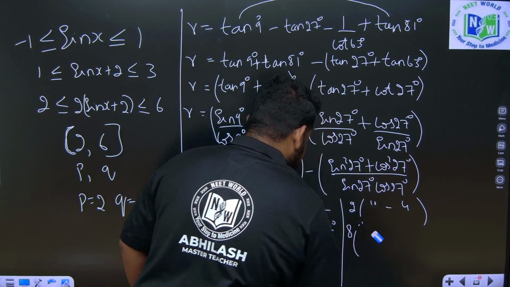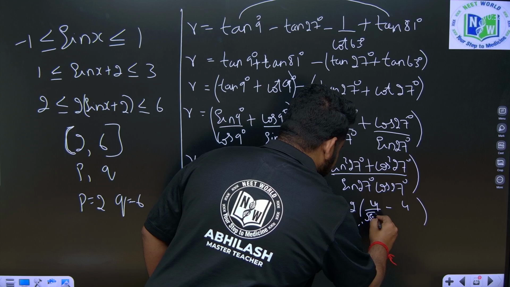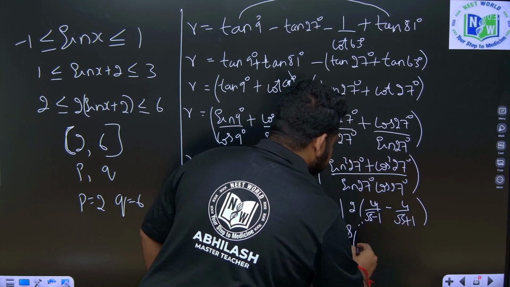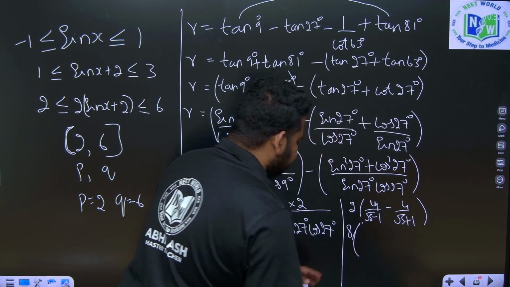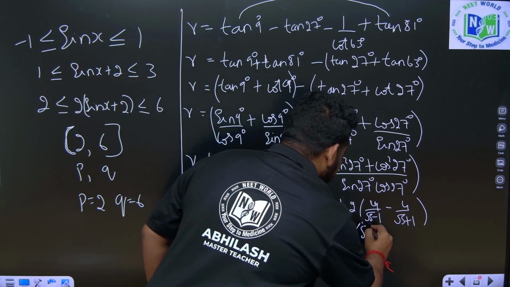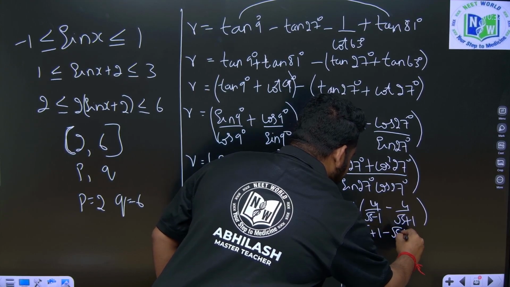This will become root 5 minus 1, this will be root 5 plus 1. So taking 4 outside, this will become root 5 plus 1 minus root 5 minus 1, and minus into minus will become plus.